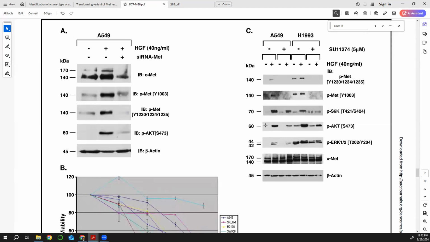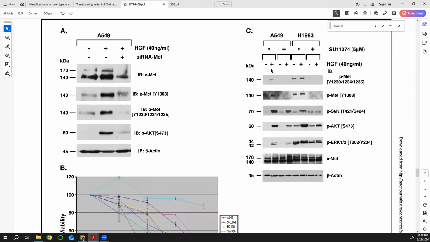No phospho-AKT, again downstream of mTOR. No phospho-ERK 1 and 2, which is the MAP kinase, of course. And c-MET levels and beta-actin levels are similar in all of these lanes, so differences in loading don't explain the differences you see here.